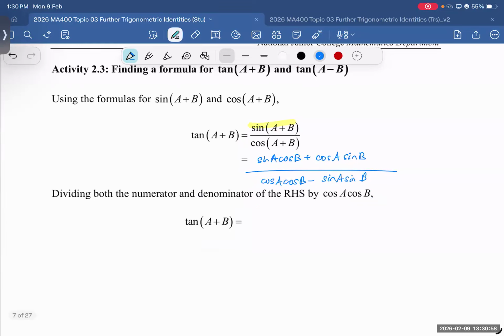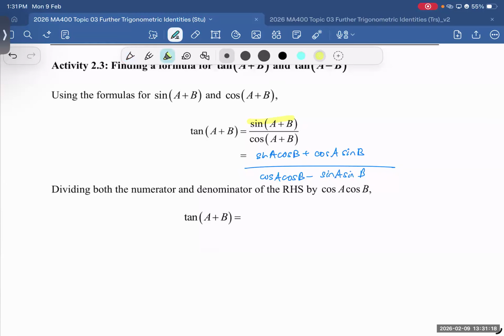Now we try to divide both the numerator and denominator by cos A cos B. Please help me to see if you can get what you want. So the numerator is here, right? You divide this by cos A cos B. Separately, together, same.